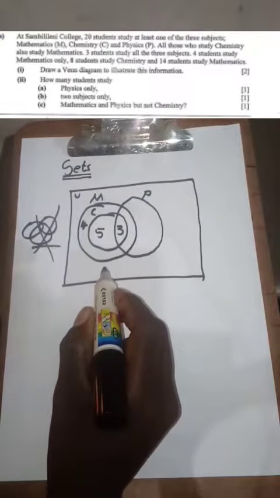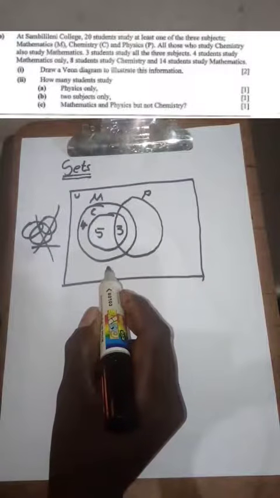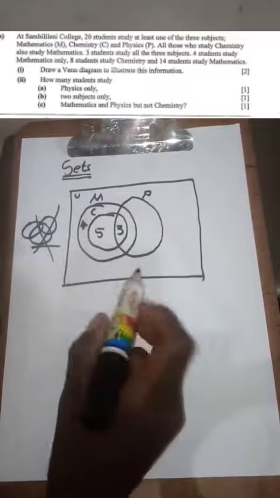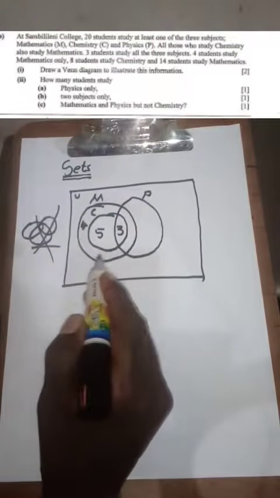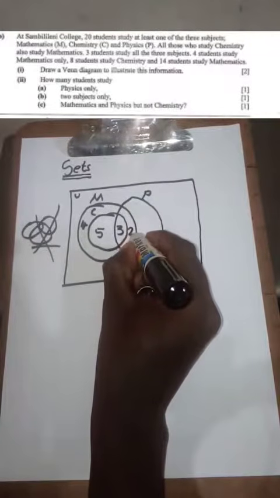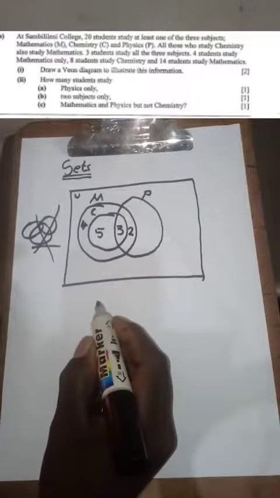Then the last point says 14 students study mathematics, meaning the total of those who study mathematics are 14. In this case, if you look at those within the circle of mathematics, we add 8 plus 4 making 12, and we are supposed to have 14, meaning we have a remainder of 2, which is to be put in the intersection of math and physics.